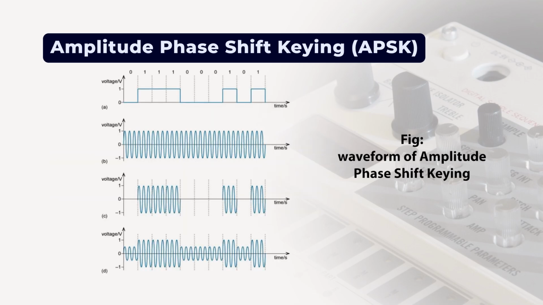Waveform of APSK. The waveform of APSK is a combination of amplitude modulated and phase modulated signals. Depending on the number of amplitude and phase levels, the waveform can vary significantly. Let's break down the waveform characteristics. The first is amplitude level.